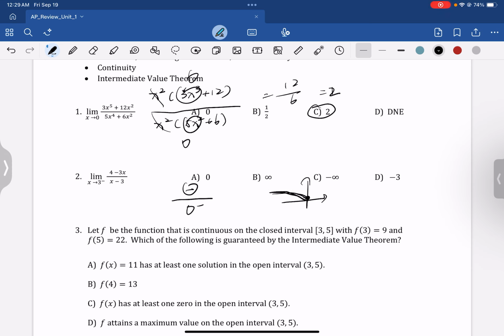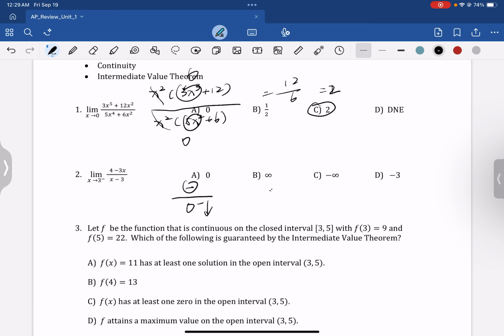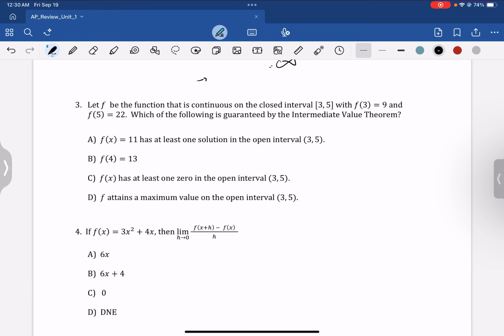It approaches 0 but never equals 0, which means it's always infinitely close to 0 but never touches it. So the denominator gets extremely small, which means the total fraction gets extremely large. We have to determine the sign in front of it: it's negative over negative, so the solution is positive infinity. So we choose B. All right, next one.